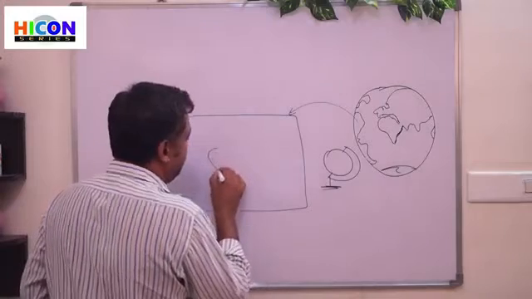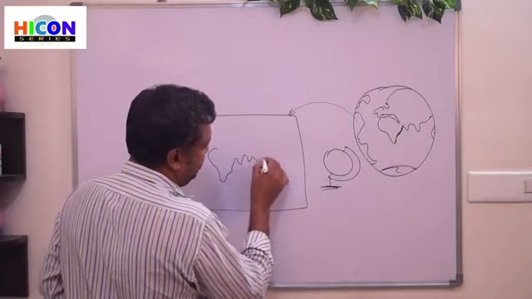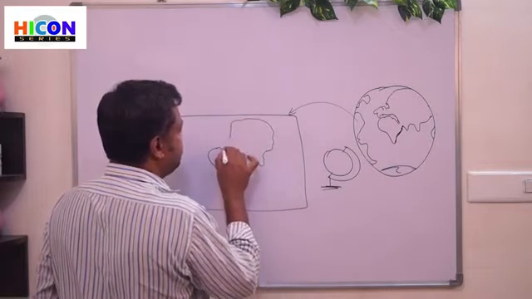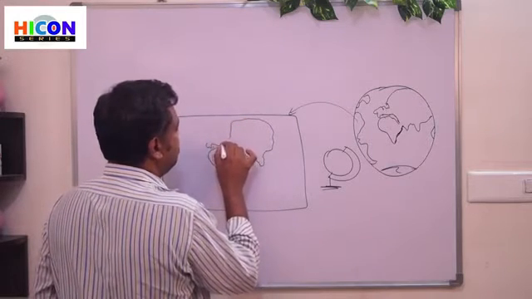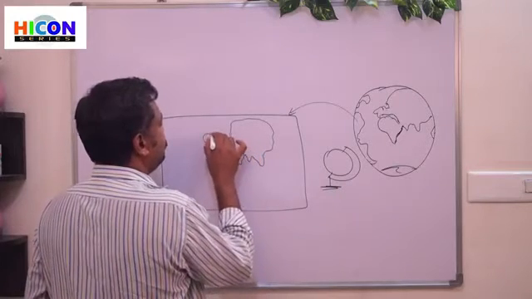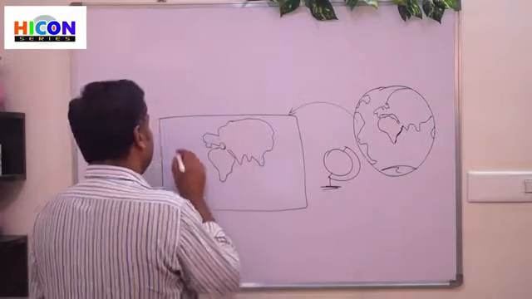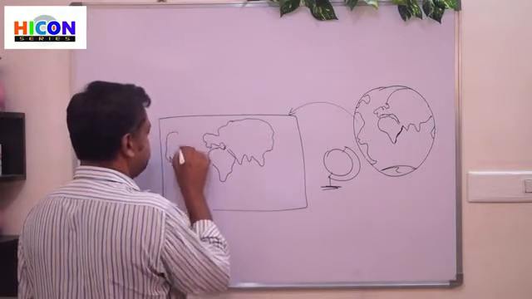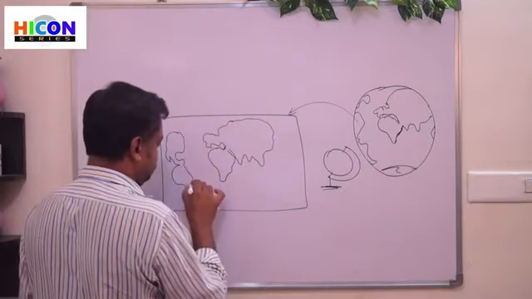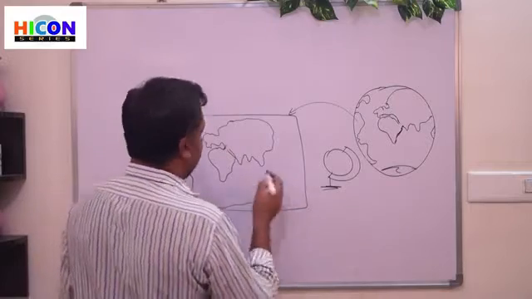So we have Africa as a continent, then you have India, the other part of it, and the entire region. Here we have the Red Sea, then the Mediterranean Sea, the European part. Right? Here we have just like an American continent.